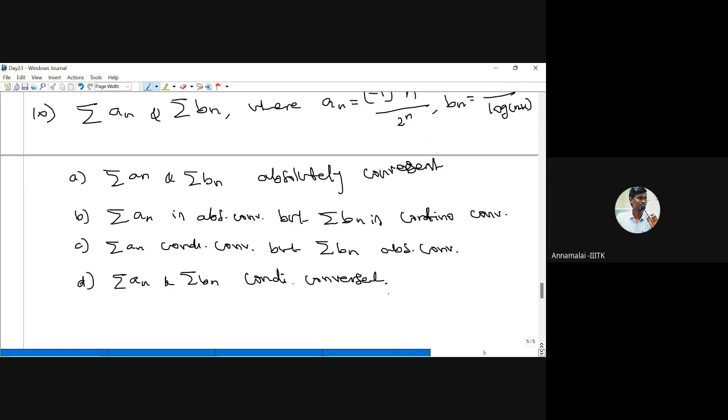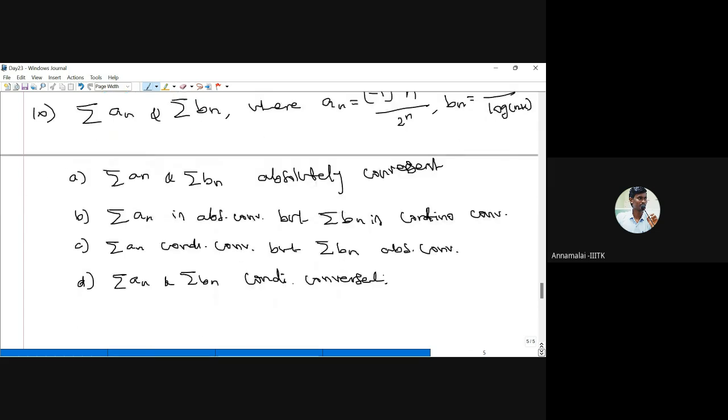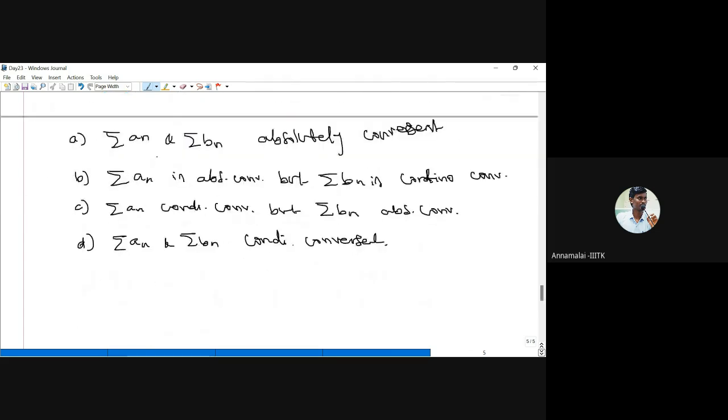So which one is true? First, we look at the modulus. If you take the modulus of an, does it converge or not? Since an equals (minus 1) power n into n by 2 power n, the modulus of an is n by 2 power n.